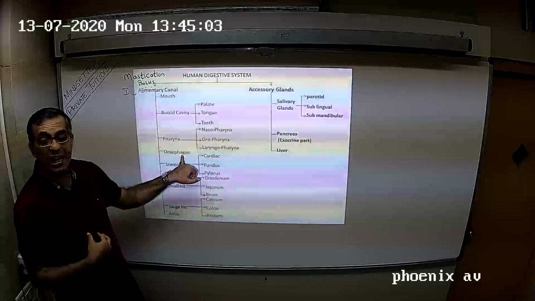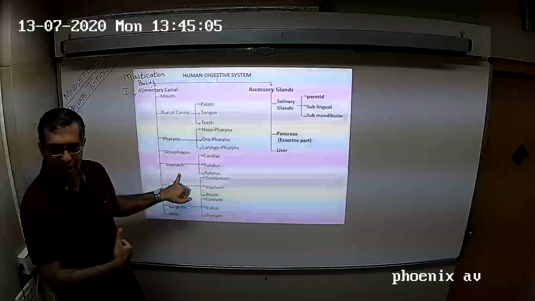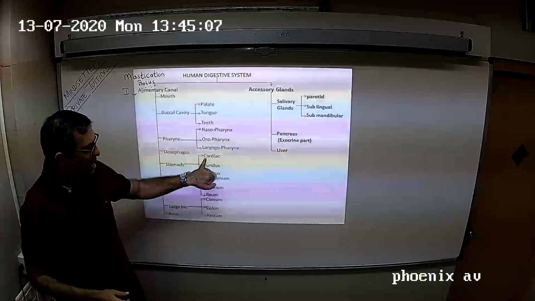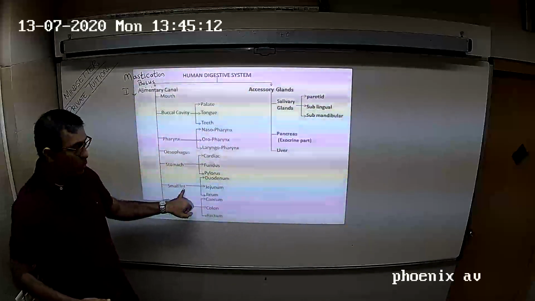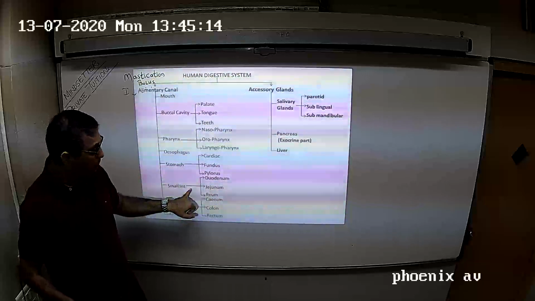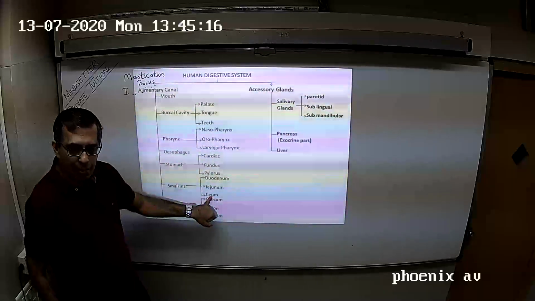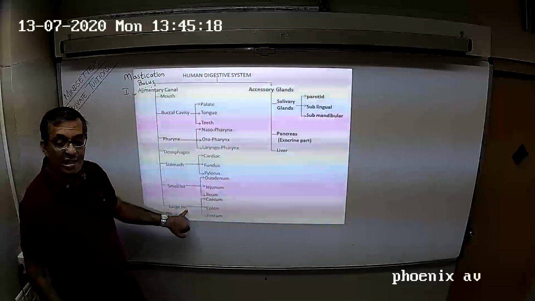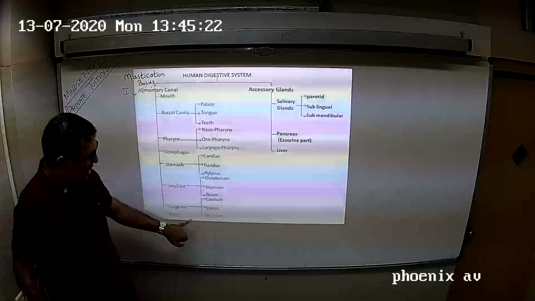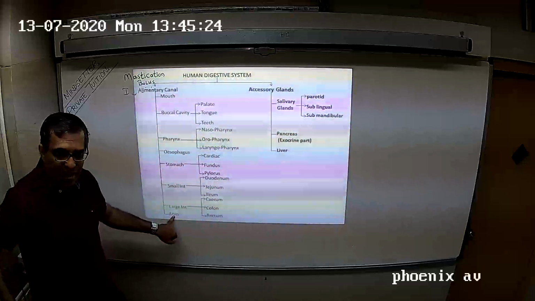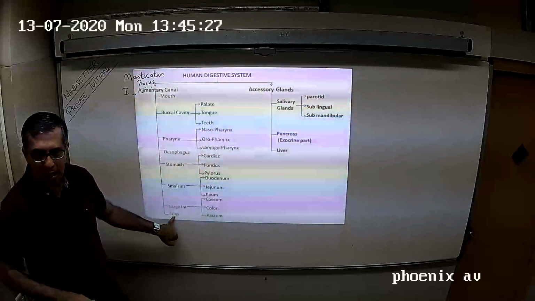Then it goes into the esophagus. From esophagus it goes into the stomach, cardiac, fundus, and pylorus. From there it goes into small intestine, duodenum, jejunum, and ileum. From there it goes in the large intestine, cecum, colon and rectum, from where it passes into the anus and is egested out of the body.